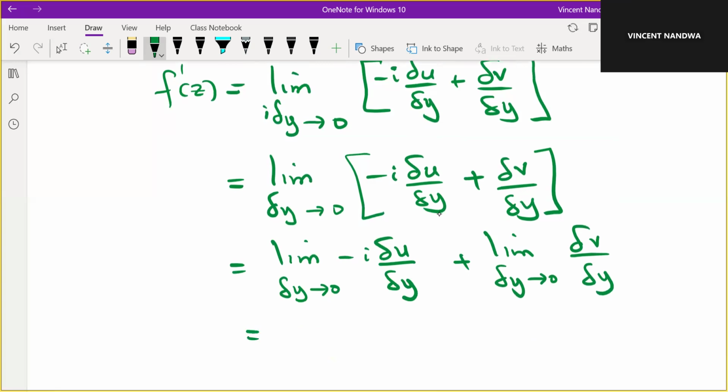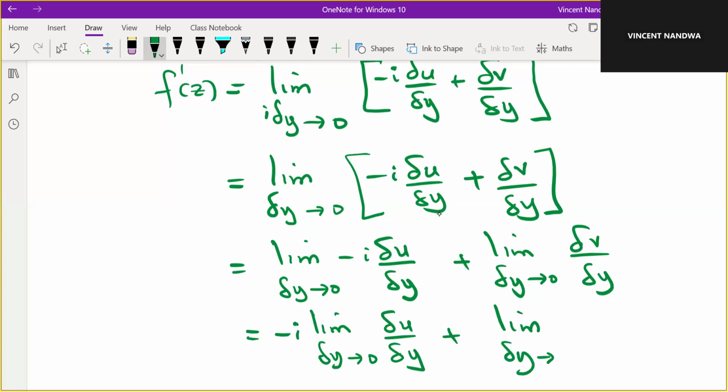So you have negative i times the limit as delta y approaches 0 of delta u over delta y, plus the limit as delta y approaches 0 of delta v over delta y.